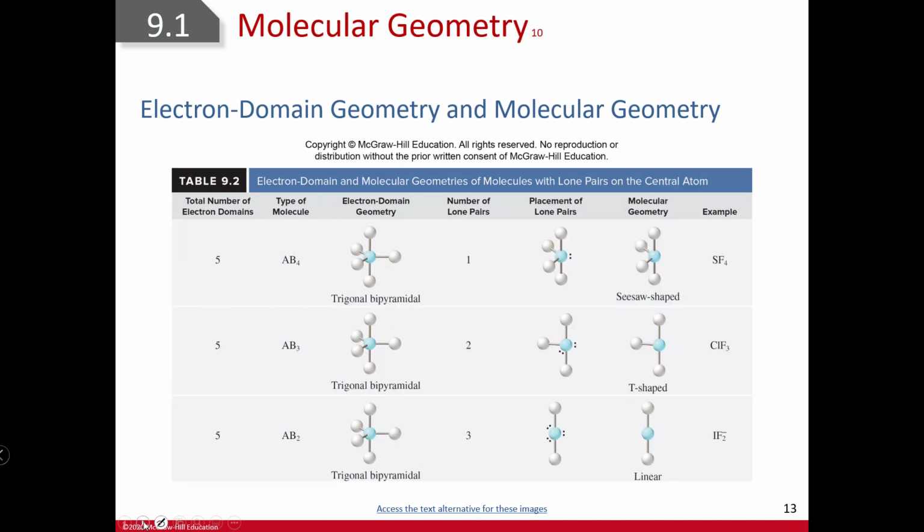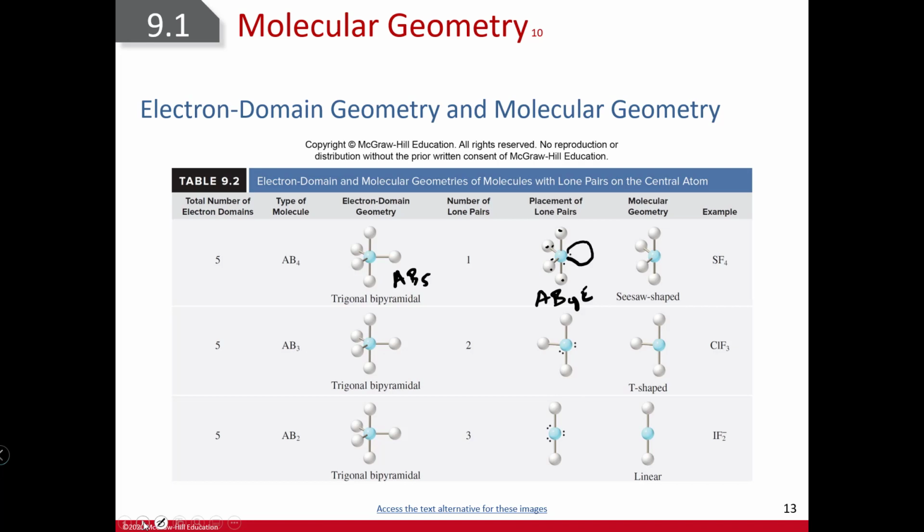All right, here's some more. So you look at this structure over here. If it's all bonding pairs, it is AB5, and that would be the electron domain and the molecular geometry. But what we have over here is called AB4E. So there's 4 bonding groups, and you can see them, 4 bonding groups, and then there's a non-bonding pair right there.